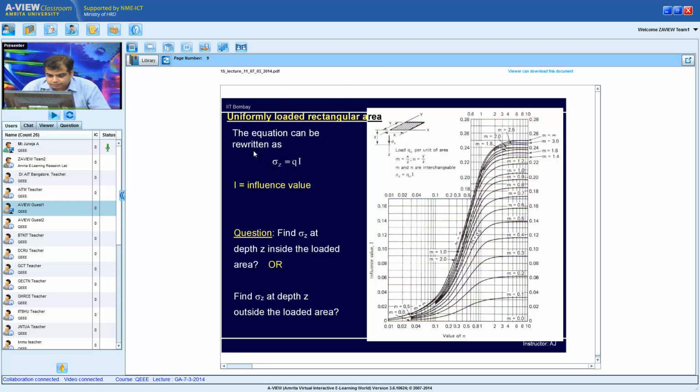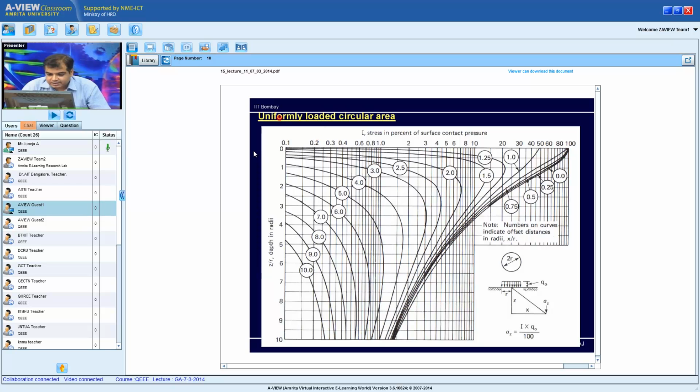The next case is again Boussinesq theory, but this time, if you look at the cartoon on the bottom right, it's a circular loaded area of radius r. You're looking at a point which is x away from the center of the loaded area. I have again an influence value, but in this case the influence value is in percent. That is why we have a divided by 100 over there.